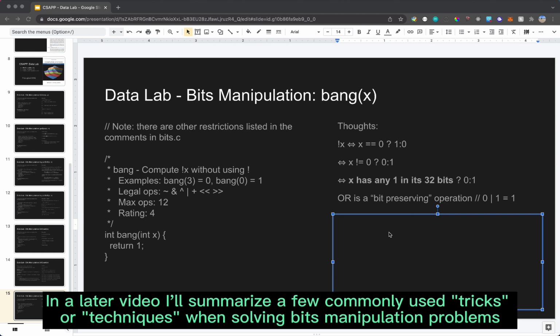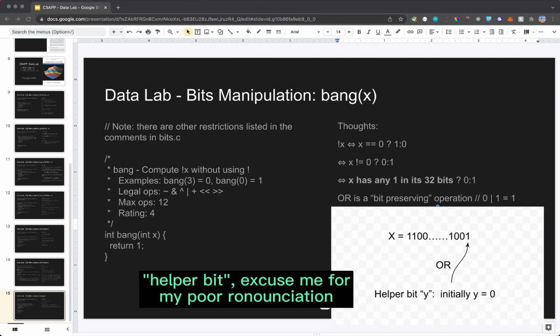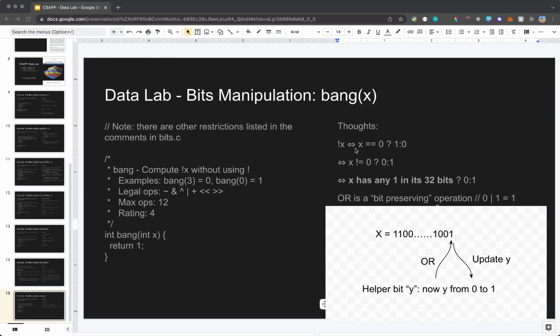Based on this observation, an intuition is that we can use another helper bit to scan through the variable x. Every time, we use this helper bit to do bit-level OR with the corresponding bit in x, and then store that result back to the helper bit.